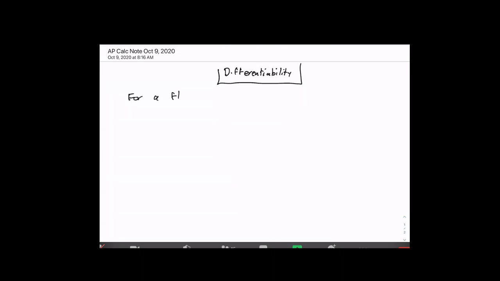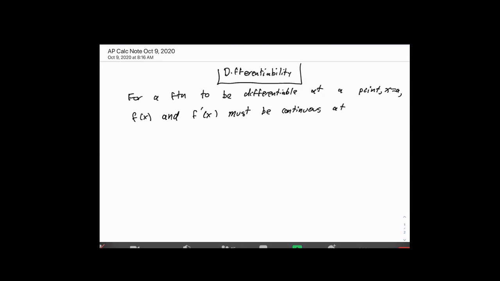So for a function to be differentiable at a point x equals a, f of x and f prime of x must be continuous at x equals a.